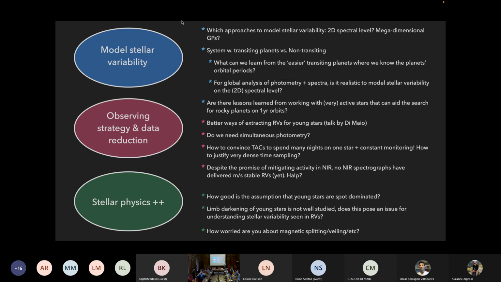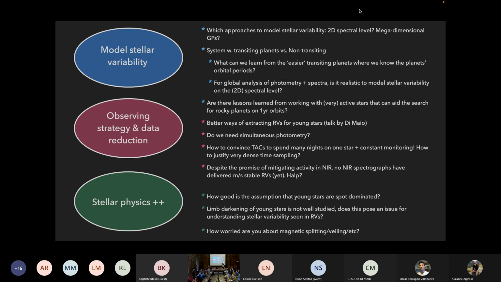But I'm not sure we can, because the sun is much less active but much less coherent than these stars. So that's the other question on my mind: whether we will end up with strategies that are qualitatively different for these very young stars compared to more stellar stars.